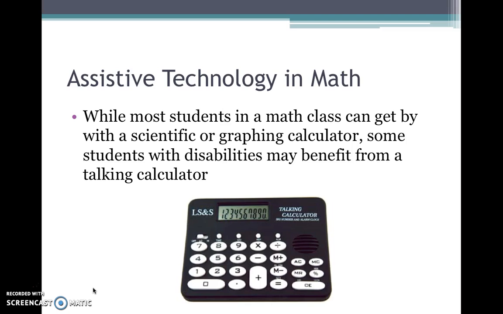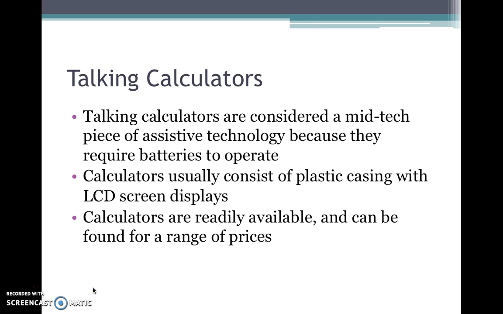So these are considered to be a mid-tech piece of assistive technology because they require batteries to operate. So low-tech would be something that doesn't require any batteries, and high-tech would be something that has to be plugged in or can be considered very expensive. Now, the calculators are manufactured and usually consist of a plastic casing with LCD screen displays.